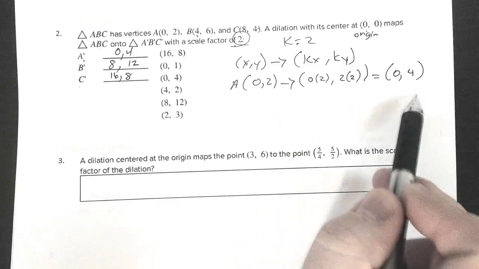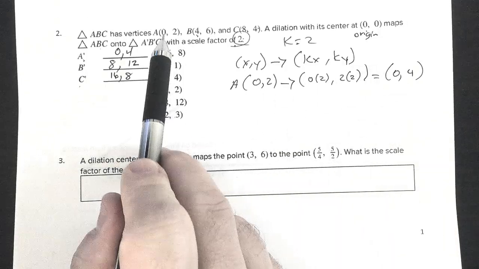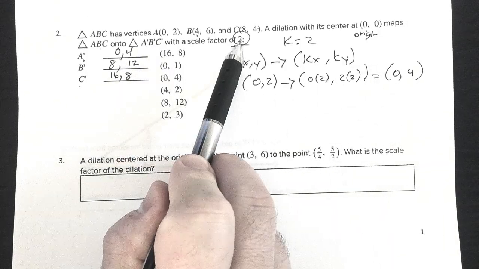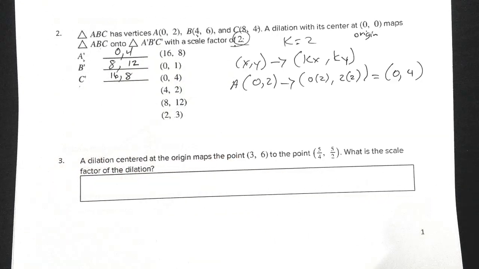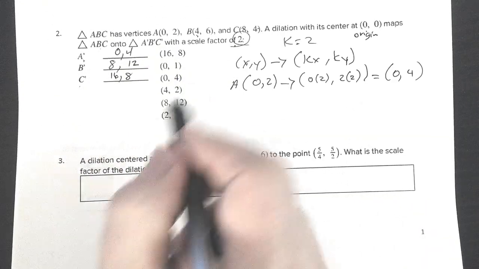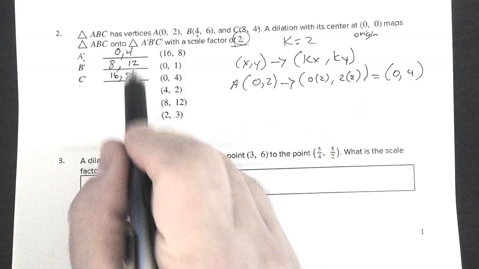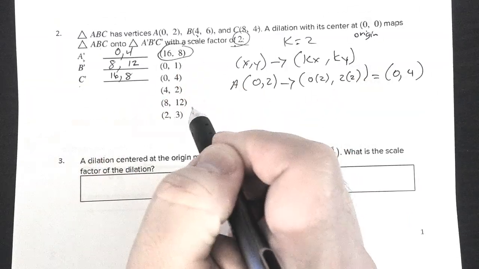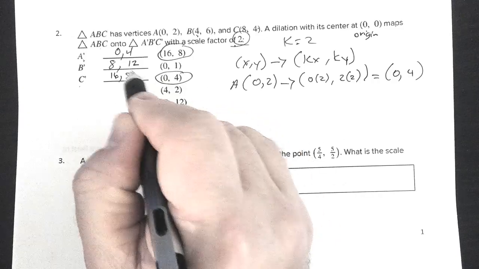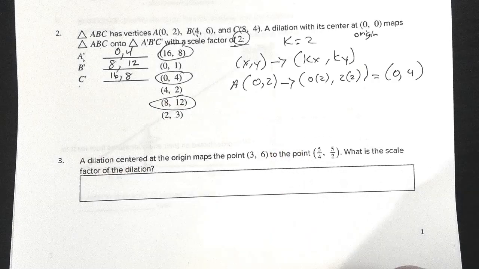Easy peasy. If you want to write it out, you would go 0 times 2 is 0, 2 times 2 is 4. That easy. Now, if you want to circle these, these are the answers, but I like to look over here and make sure I have them matching up. 0, 4 right here, and then 8, 12 here.